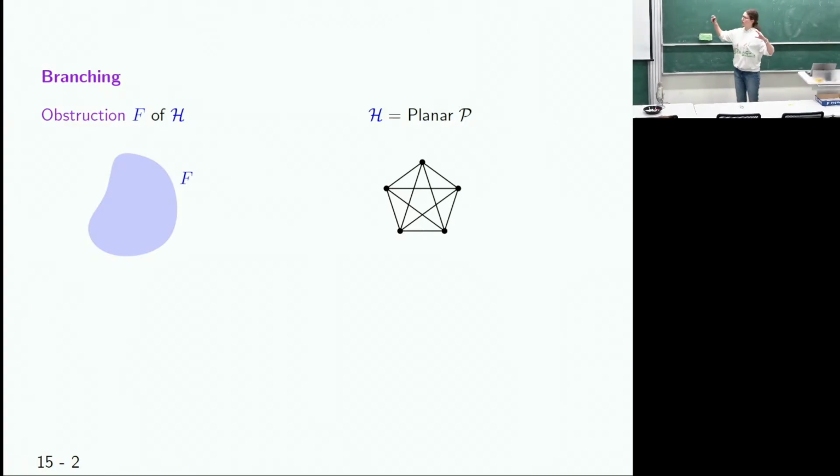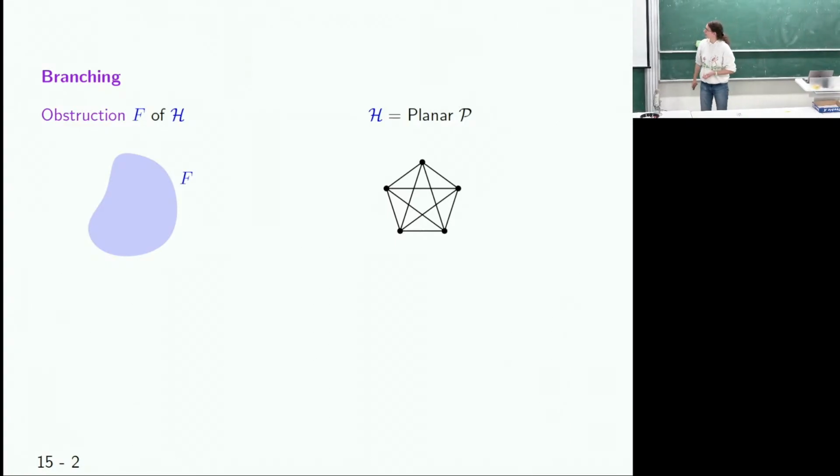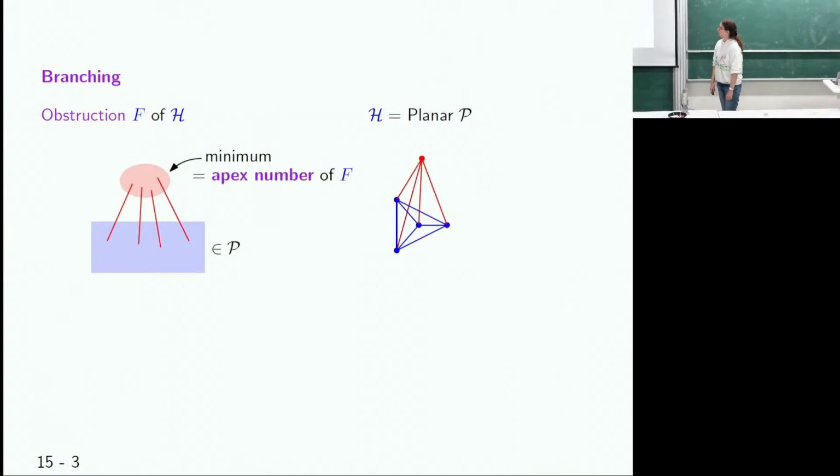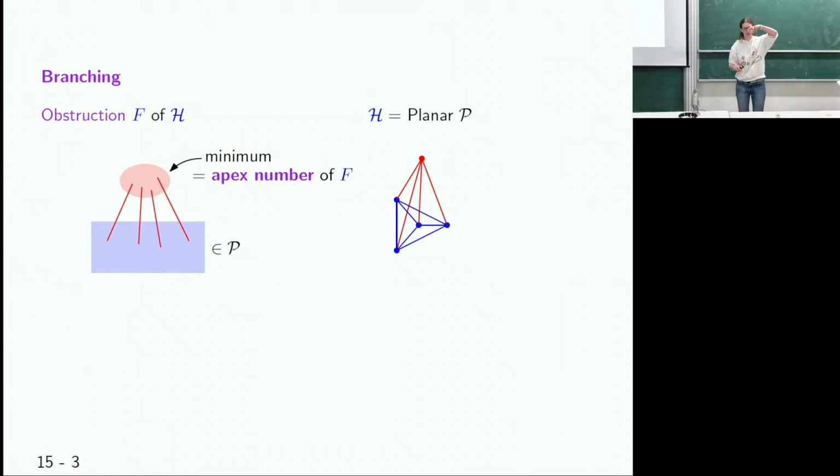You take an obstruction of your graph class, and actually you can see it as a planar graph plus some set above. The apex number of a graph is the smallest number of vertices you can remove so that the rest of your graph is planar. So you can have a set of size apex number above and a planar graph below.